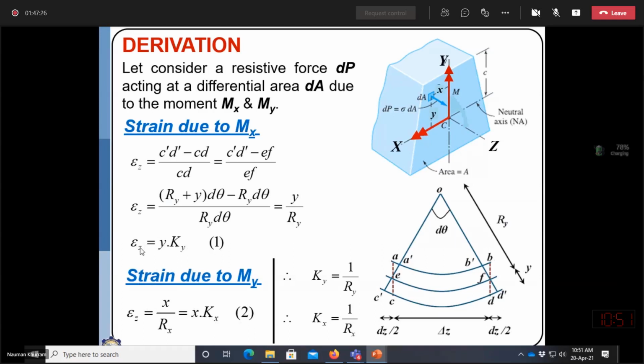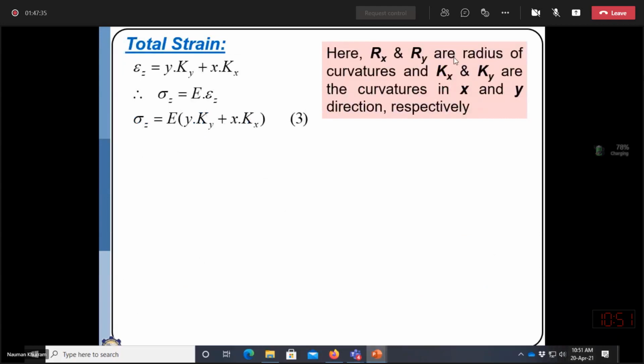So total strain along the z direction we can determine, and that will be equal to y into ky plus x into kx. By using Hooke's law, stress along the longitudinal axis will be equal to modulus of elasticity into strain.